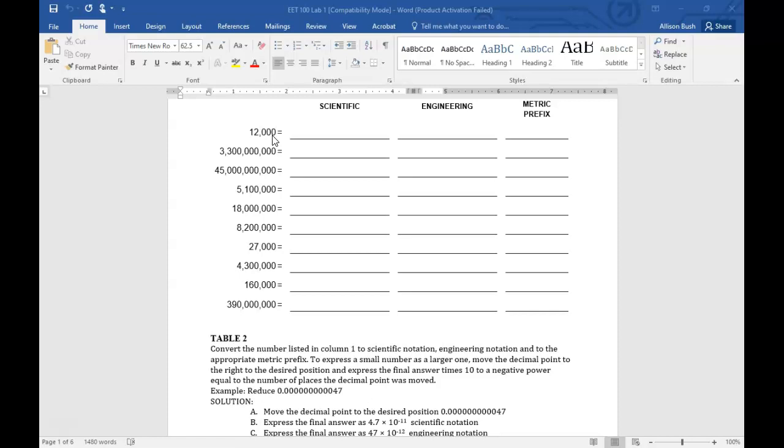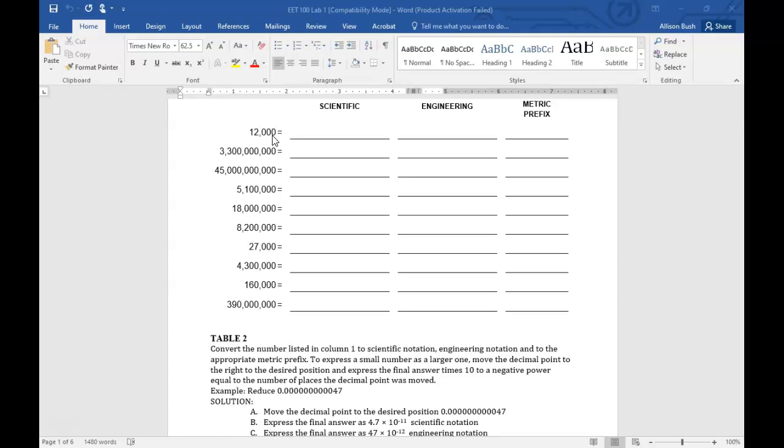Looking at my metric prefix, what should it be? Should be kilo.